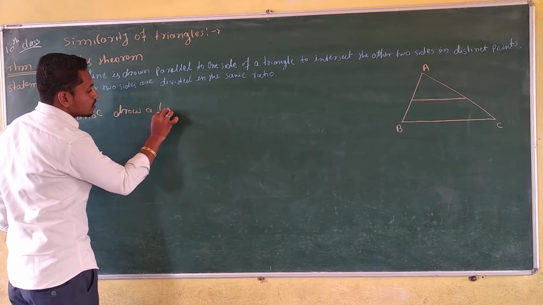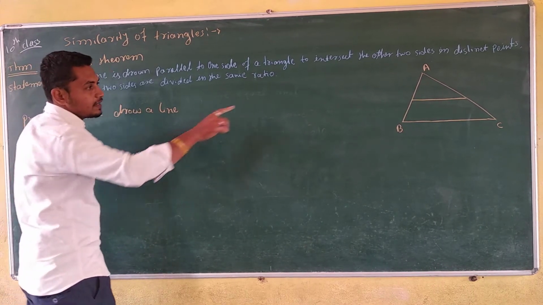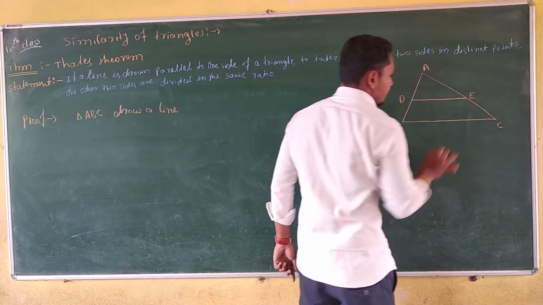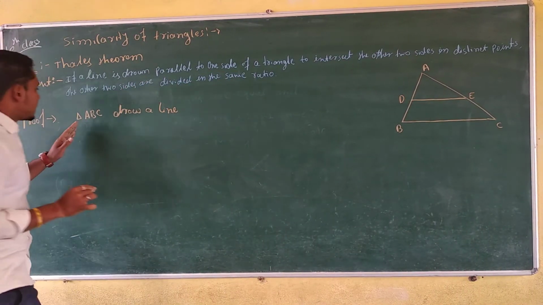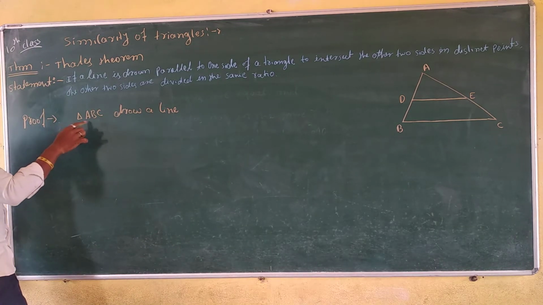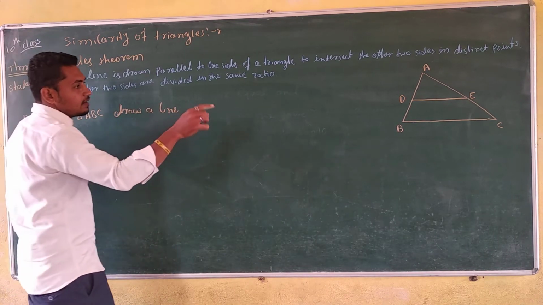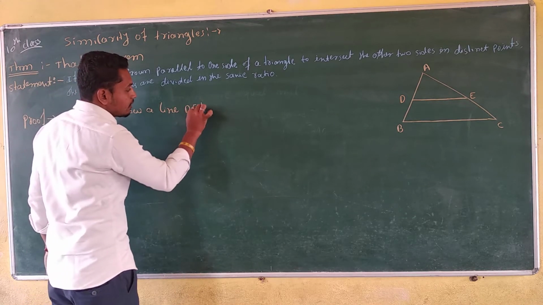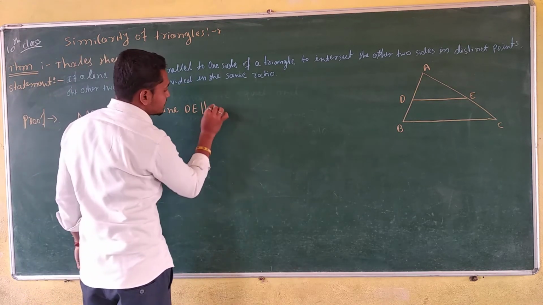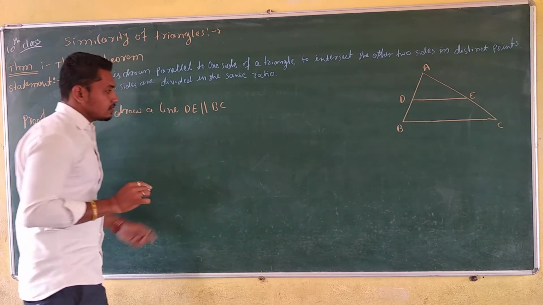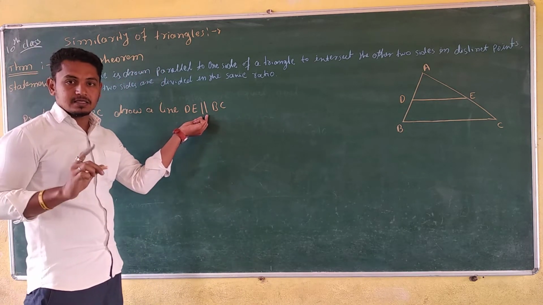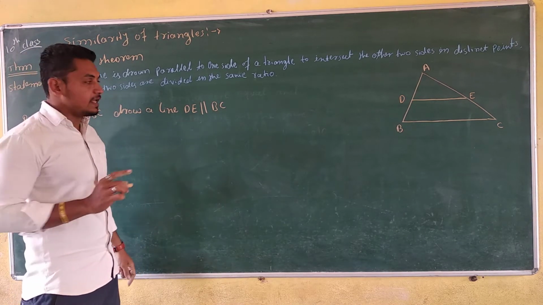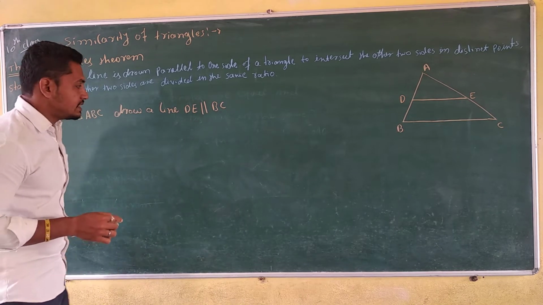Draw a line DE, you have to take here DE, in triangle ABC, draw a line DE parallel to BC. Is it right? This symbol is parallel. So DE is parallel to BC.